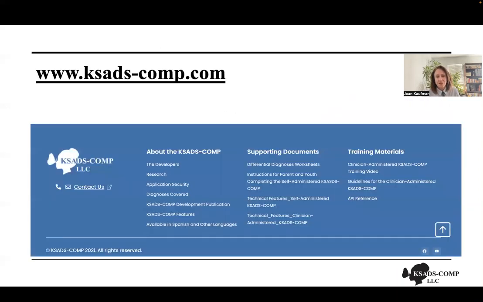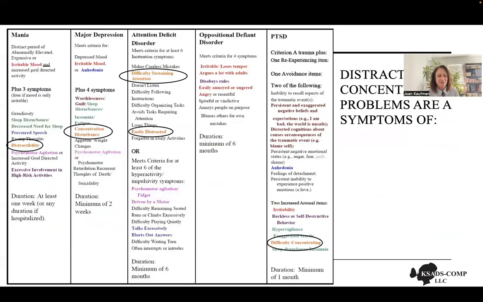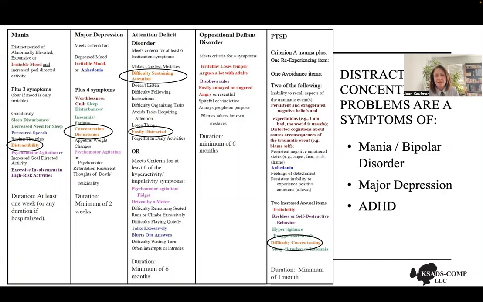This is just to show you on our website where you can get the differential diagnostic worksheets I'm about to show you. These are hard to read, so feel free to print them out. Here we're highlighting that the symptom distractibility or concentration problems can be symptoms of mania, major depression, ADHD, or PTSD.